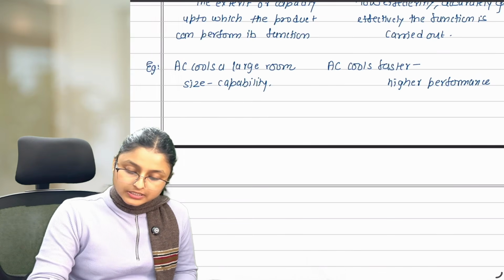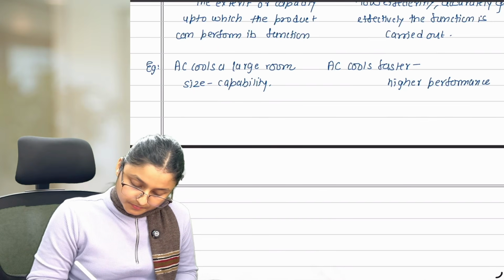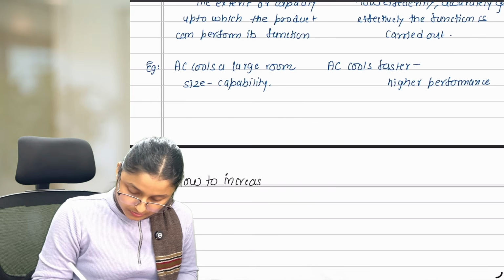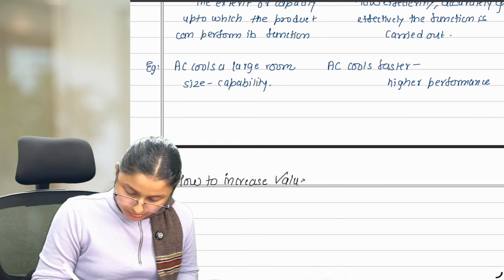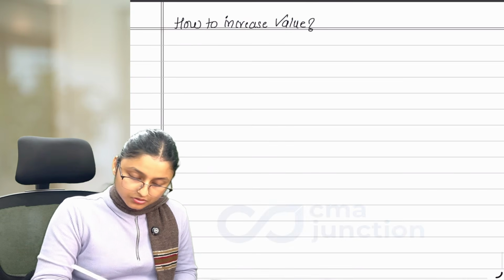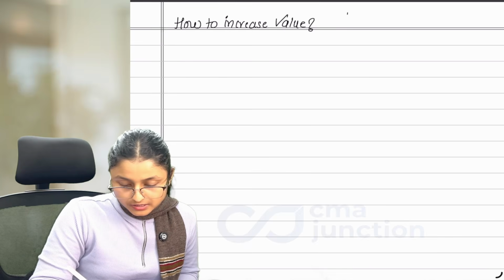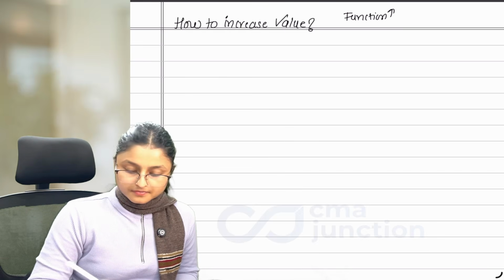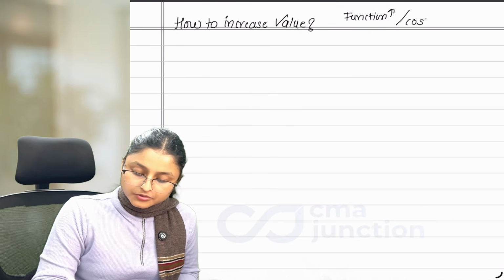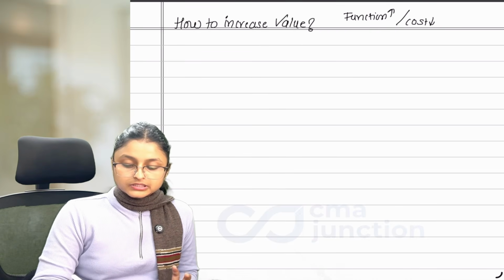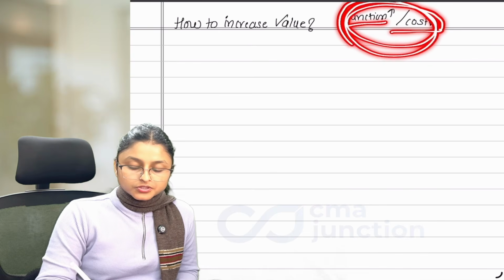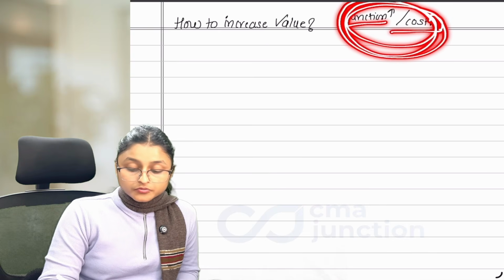Next, how to increase value? If we want to increase value, we can either increase the function or reduce the cost. If you notice, it is written as function divided by cost. So if you want to improve this whole formula, what will you do?